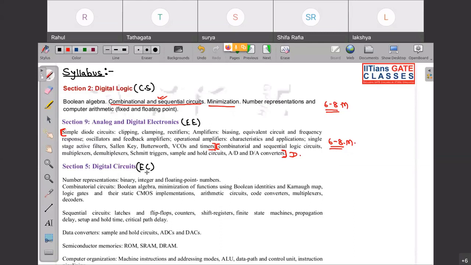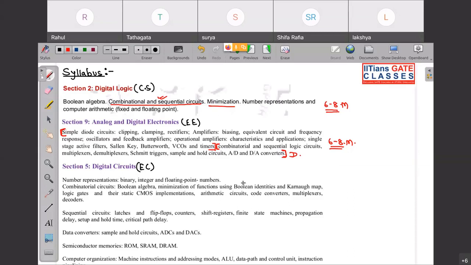And for electronics and communication, the syllabus is quite vast and intensively written. If you see, over there it is just one line, Boolean algebra, but here they have expanded it: number system representation, binary, integer, floating point number, then combinational circuit, Boolean algebra, minimization. Everything has one word written there, but here they have expanded that one word.